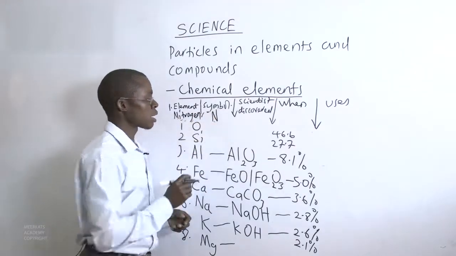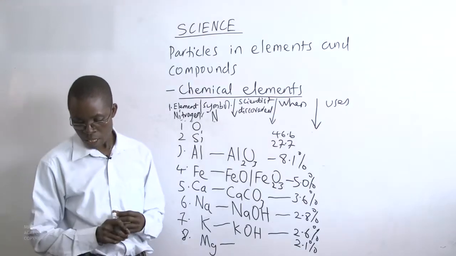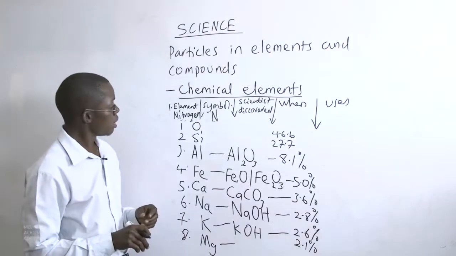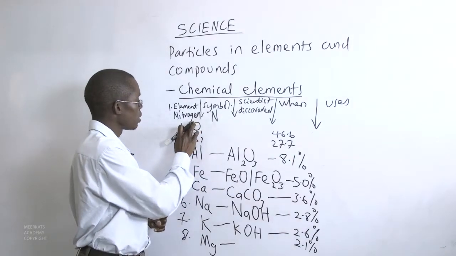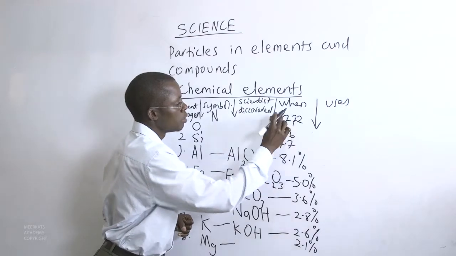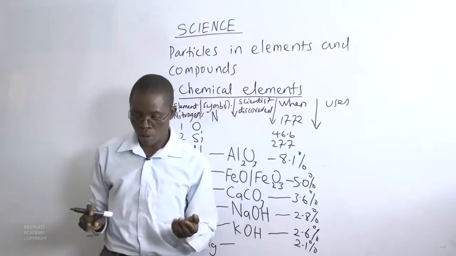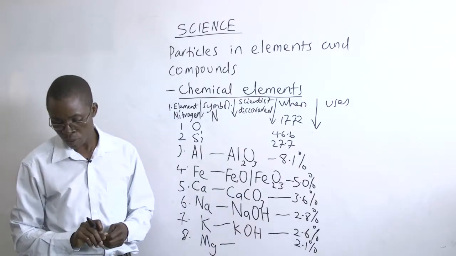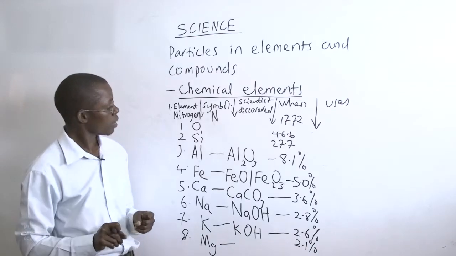Nitrogen is written as capital letter N, and this one was discovered by two scientists who were working on it in the same year, that was 1772. The two scientists who worked on this were Joseph Priestley and Rutherford.